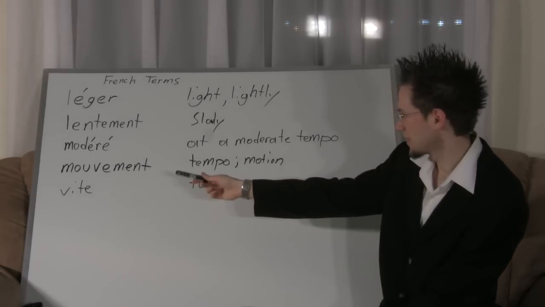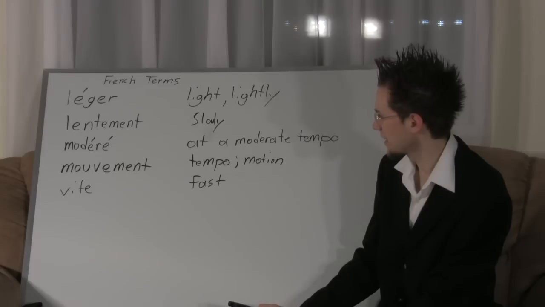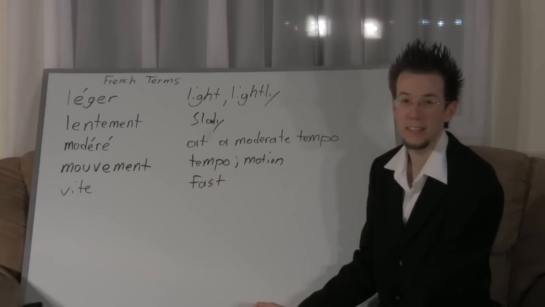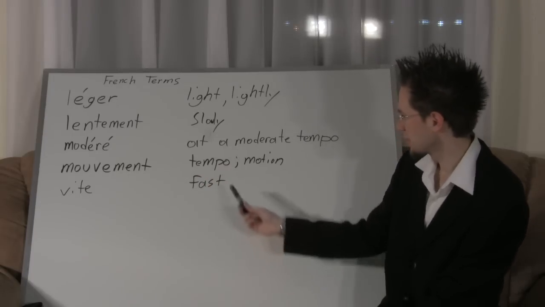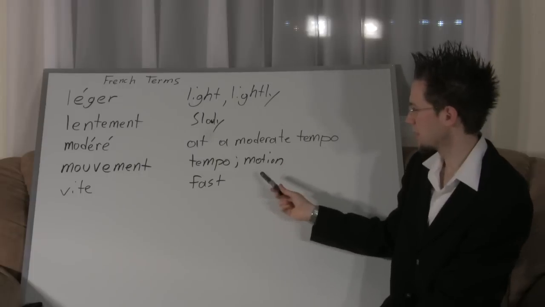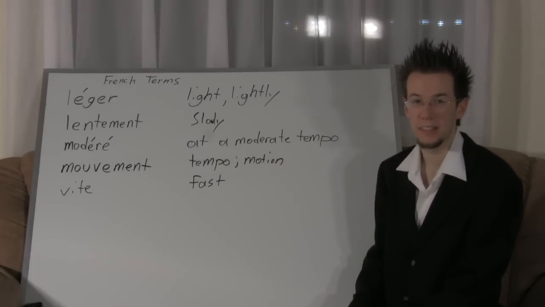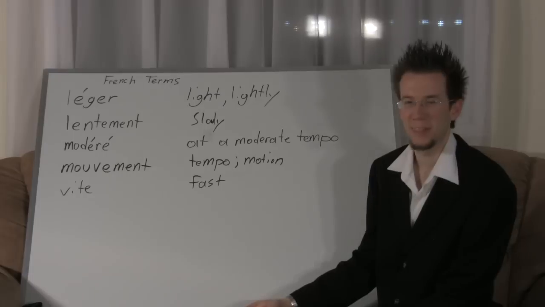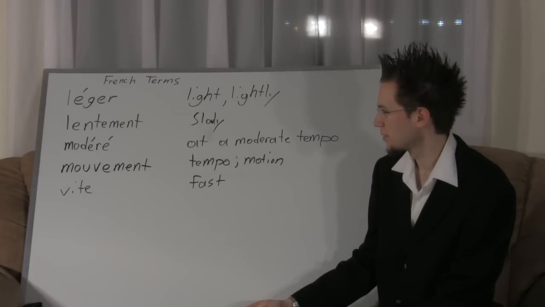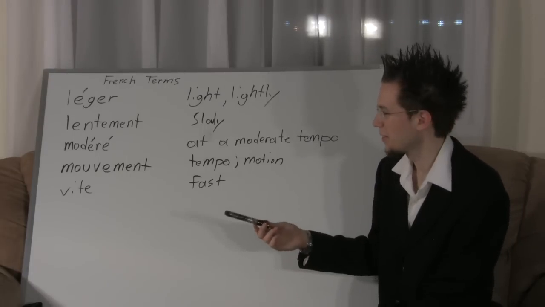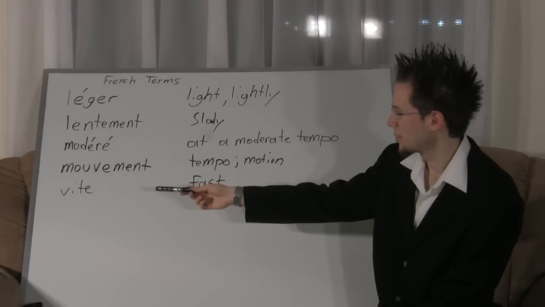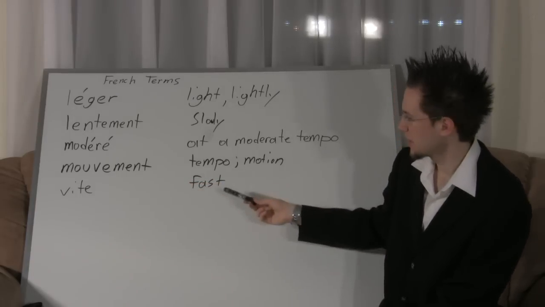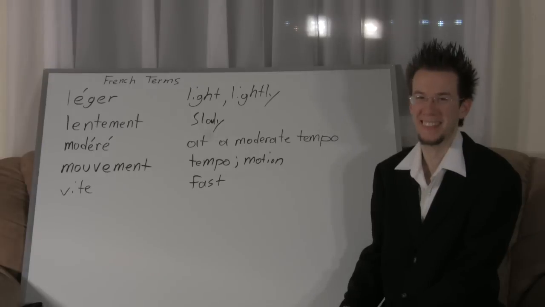Mouvement: that kind of looks like the English movement, but it's probably pronounced slightly differently. It means tempo or motion, which I think most people who know English could have guessed. Vite, or something, I don't know: fast.